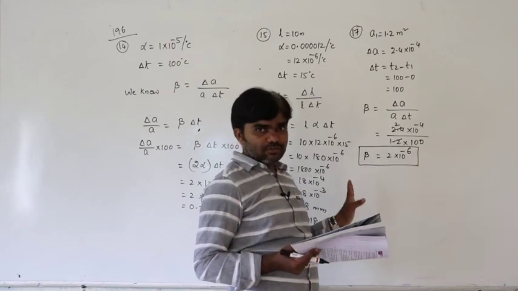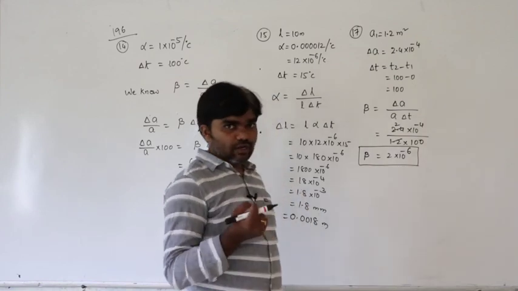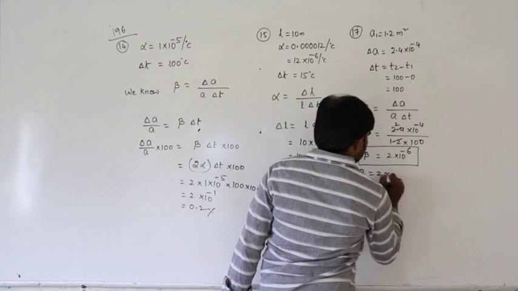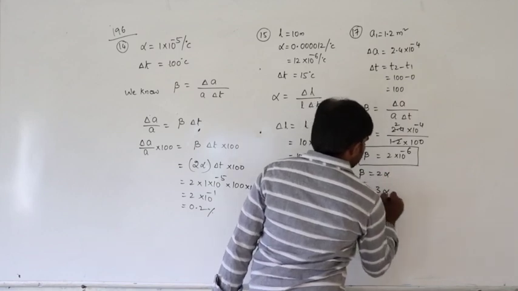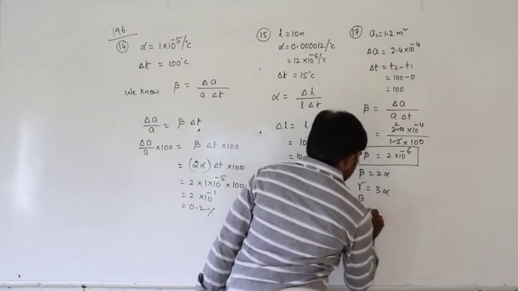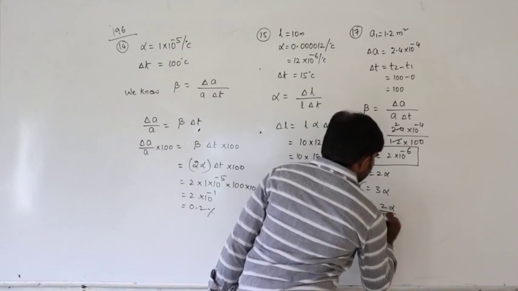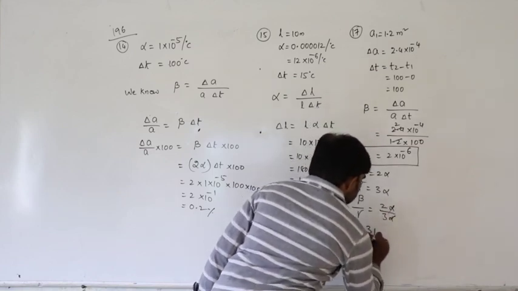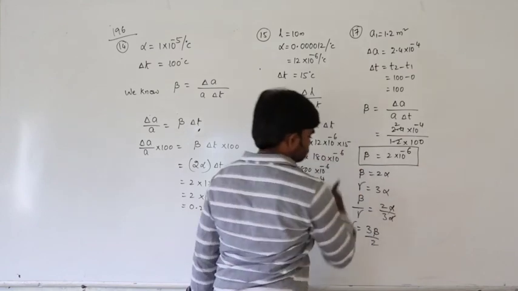But we have to calculate the value of gamma. Beta is equal to 2 alpha, gamma is equal to 3 alpha. So beta by gamma is equal to 2 alpha by 3 alpha, that is 2 by 3. So gamma is equal to 3 beta by 2.